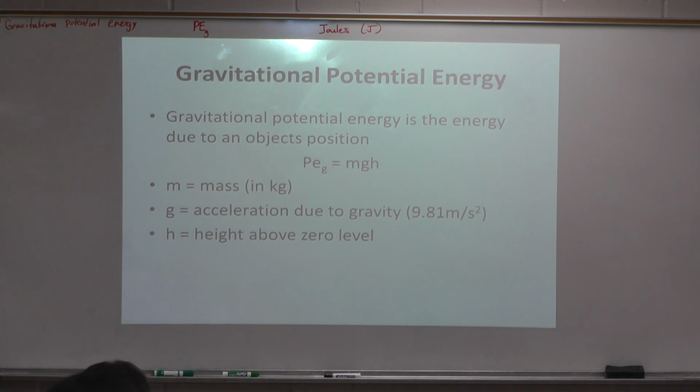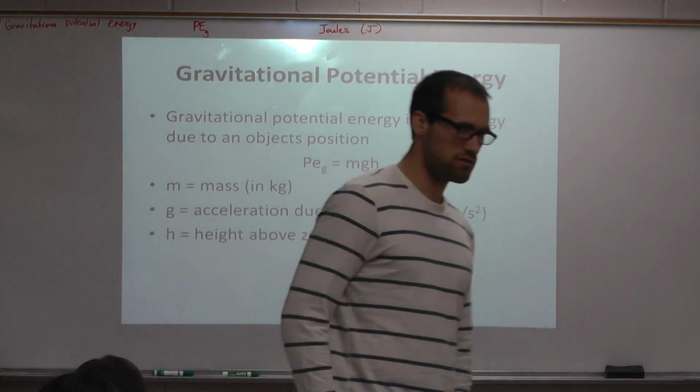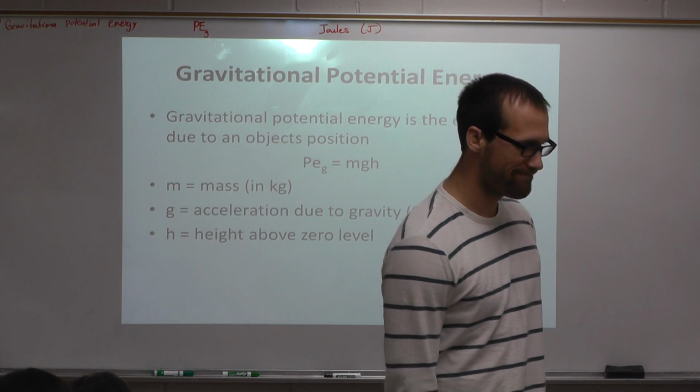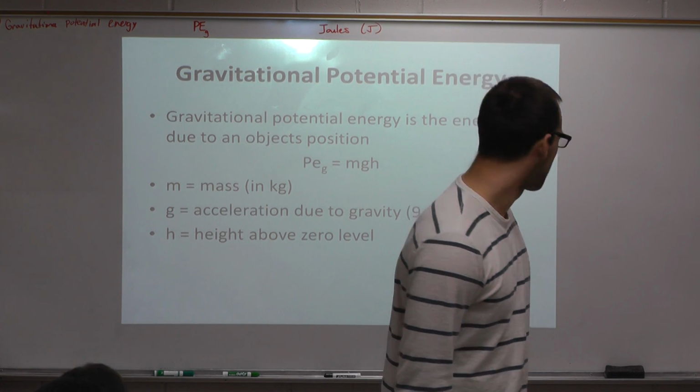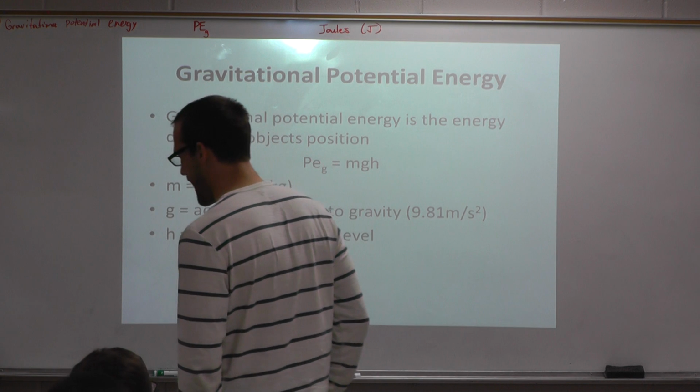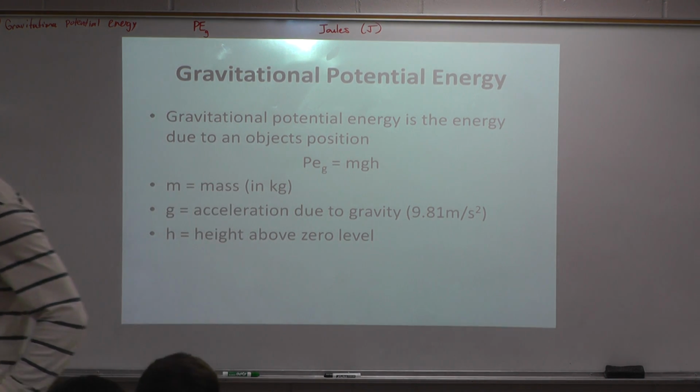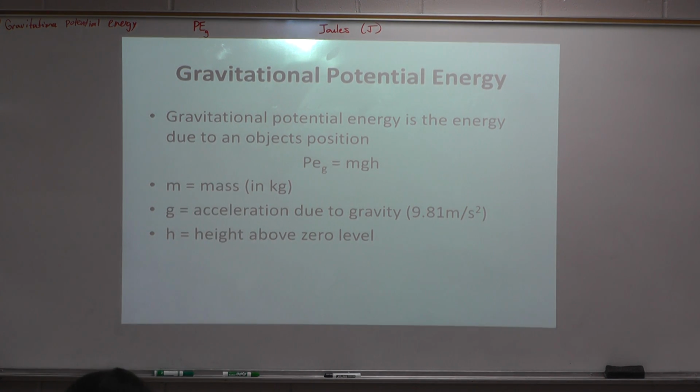Is this a vector or a scalar? I'm pretty sure it said that at the very beginning of the notes, what scalar energy was, so scalar. Okay. Now, we spent quite a bit of time in the last chapter talking about free fall and gravity's acceleration on objects.